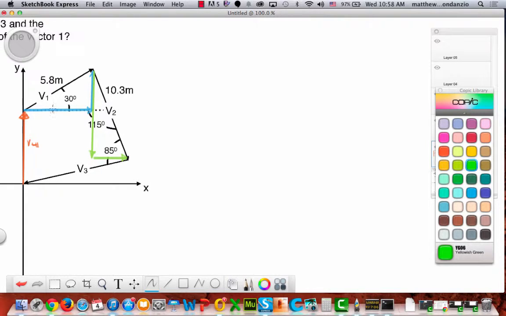This vector 2 is made up of 2 vectors, like this. Look, for vector 1, I move positive in the x and positive in the y. For vector 2, I move negative in the y and positive in the x. Vector 3, I move negative in the y and negative in the x.